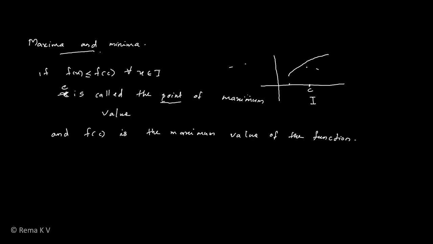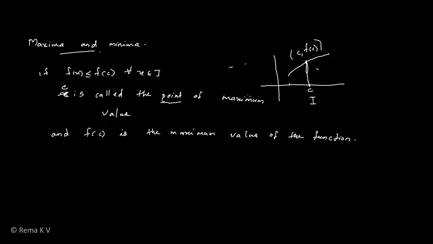If we are taking this point as C, then f of c is the length of this line segment. The coordinate of the point is c, f of c, and here the x coordinate is c. This c is the distance from the y-axis and f of c is the distance of this point from the x-axis. So the length of this line segment gives f of c.